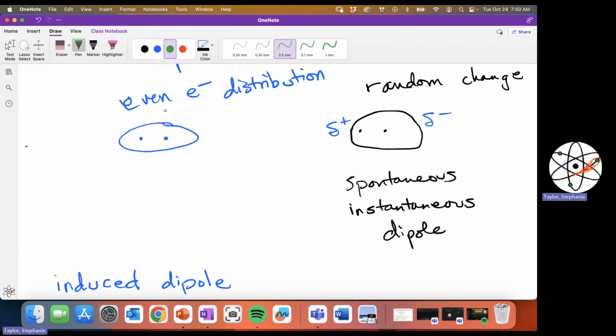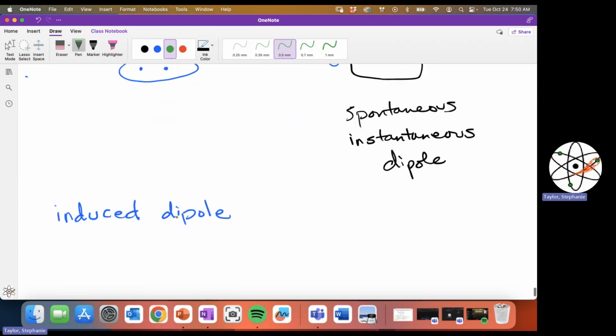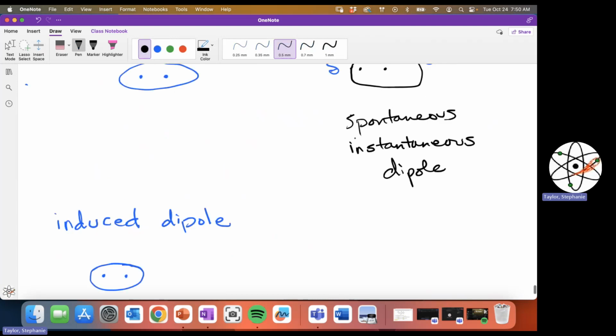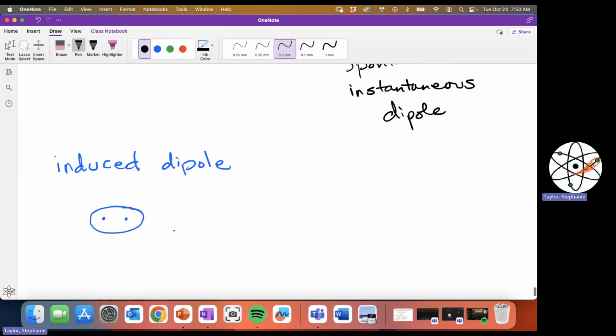It's got an actual cause. Something is happening here. So for induced, we're still thinking about a molecule that's all nice and even, but now it's going to wind up being next to maybe even this spontaneous, instantaneous dipole.